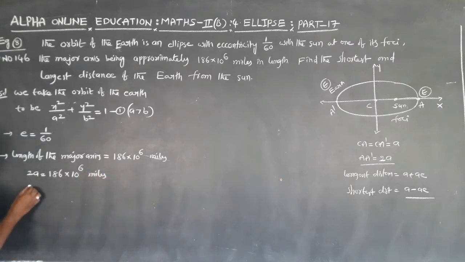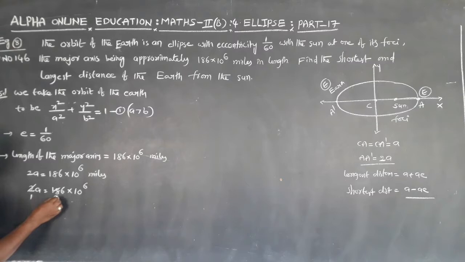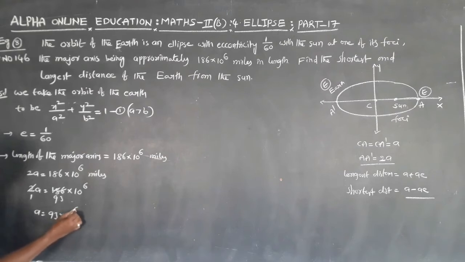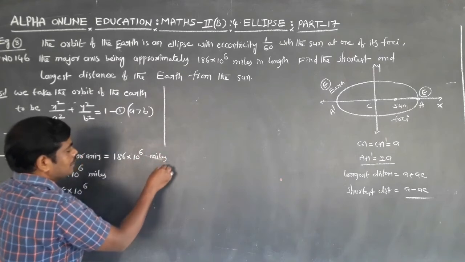Dividing both sides by 2, a is equal to 93 into 10 to the power of 6 miles.